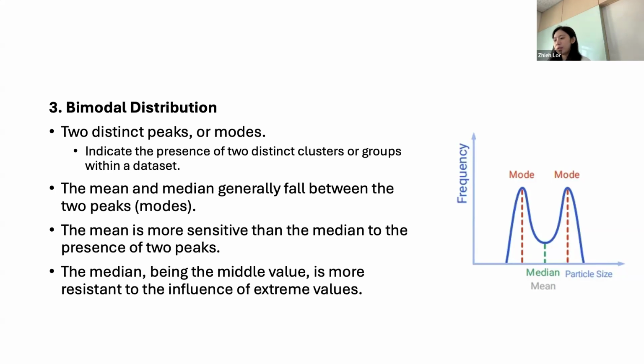So the mean and the median will fall between the two peaks. And the mean will be more sensitive than the median in this case. So when you're trying to report what you found in this data, you are more likely to use the median score rather than the mean, because the mean is so sensitive in this case.